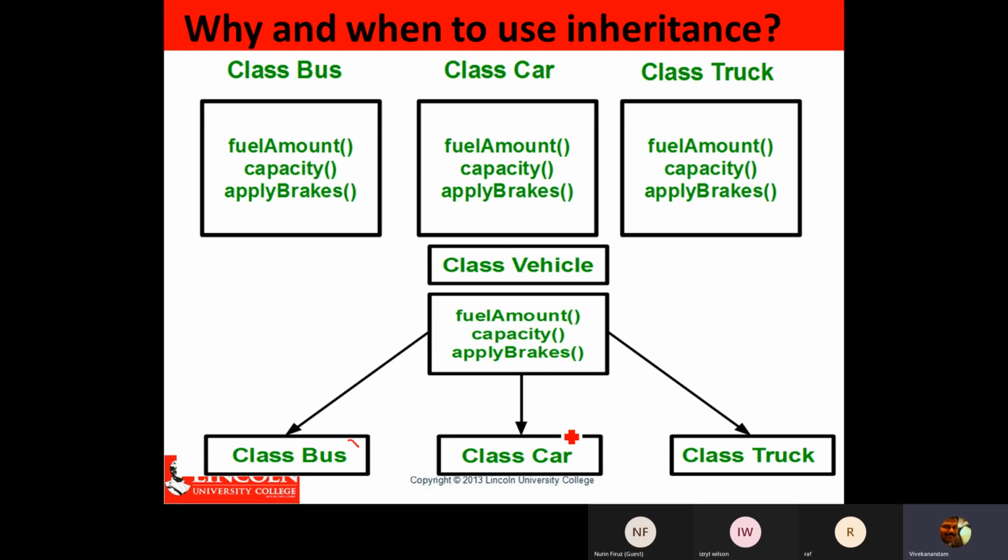Class 1 is bus, class 2 is car, and class 3 is truck. The methods for fuel amount, capacity, and apply brakes will be the same for all three classes.